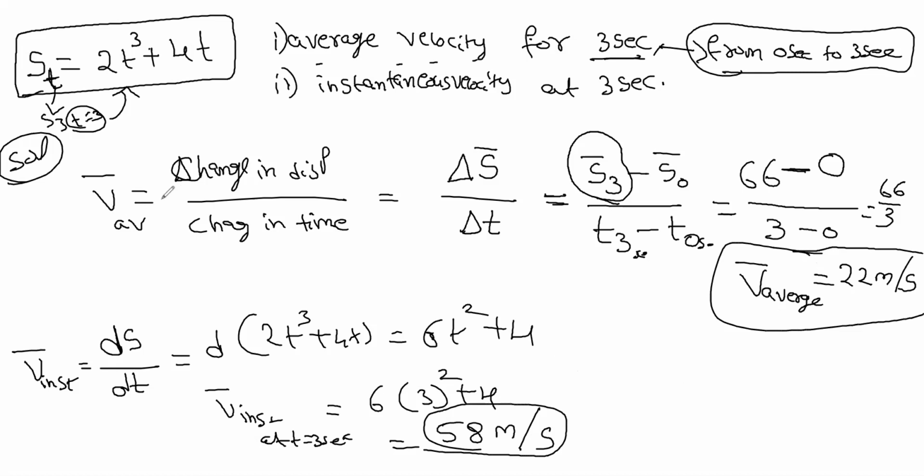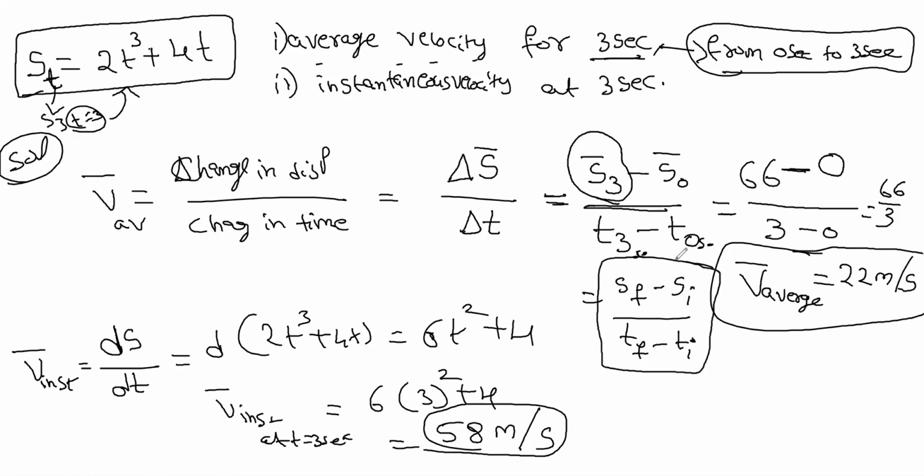So this is the way for finding average velocity and instantaneous velocity. Average means you have to take the delta, that is the difference, S at a particular time t minus S at 0, or we can write it as S final minus S initial, by t final minus t initial.